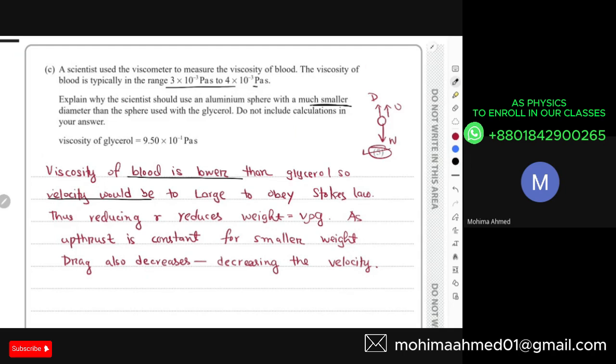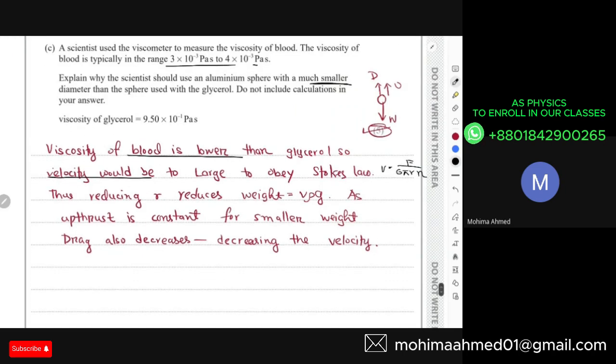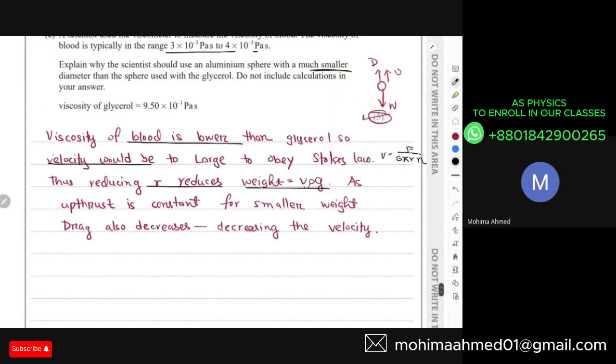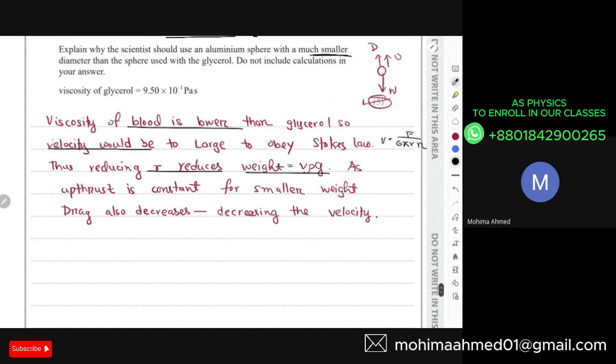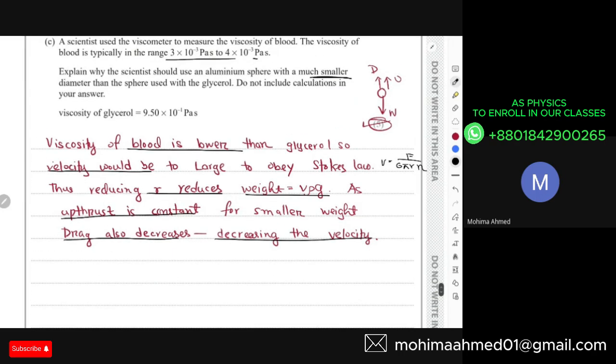You can also refer to the equation to show how a decrease in viscosity changes the velocity. You can write down the equation as V equals F over 6 pi R eta. After this, they're talking about reducing R reduces weight. And after this, as upthrust is constant, decreasing drag decreases velocity to fit in Stokes' law. This is enough for 5 marks.